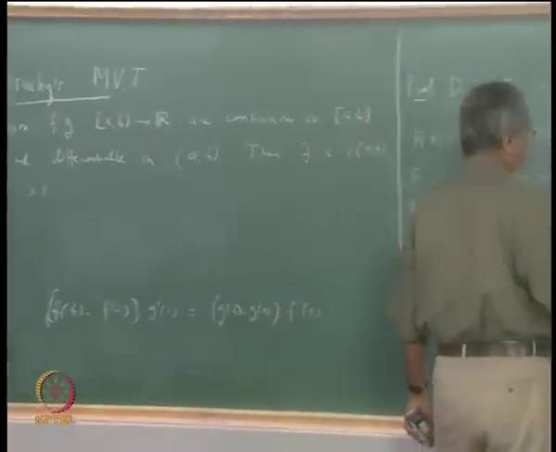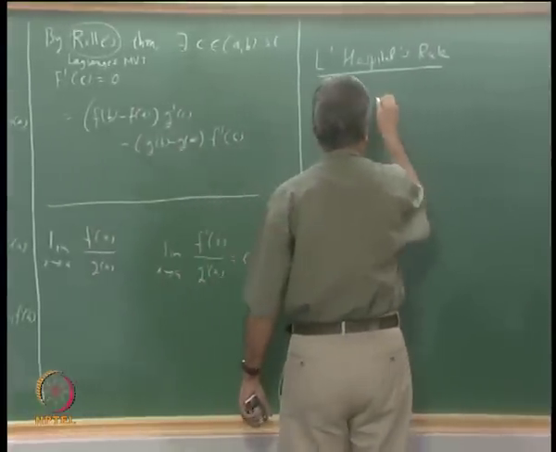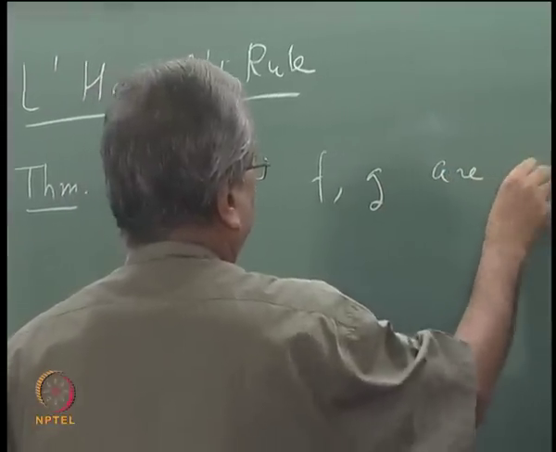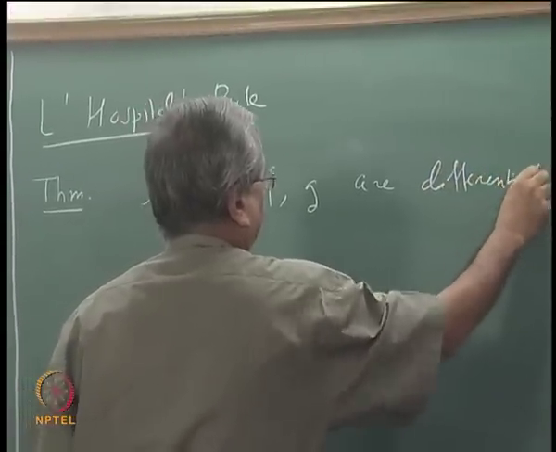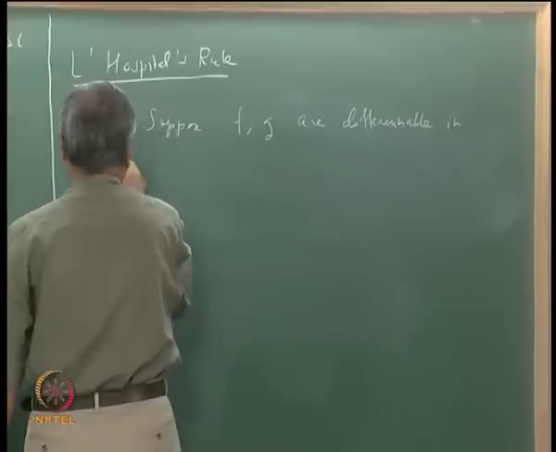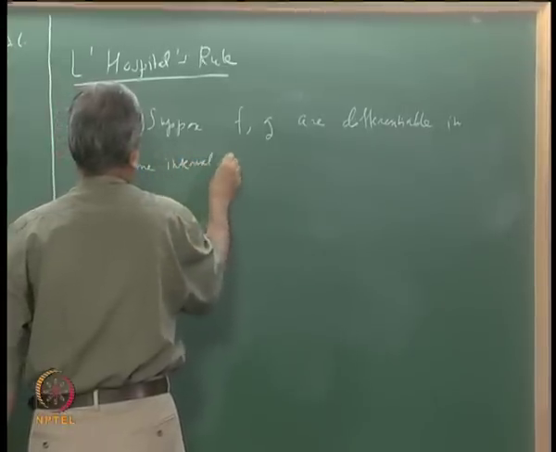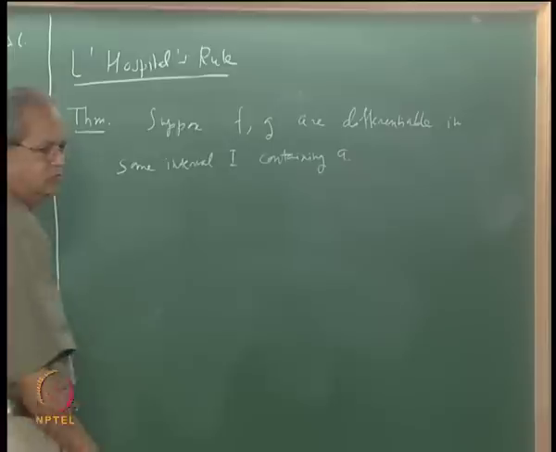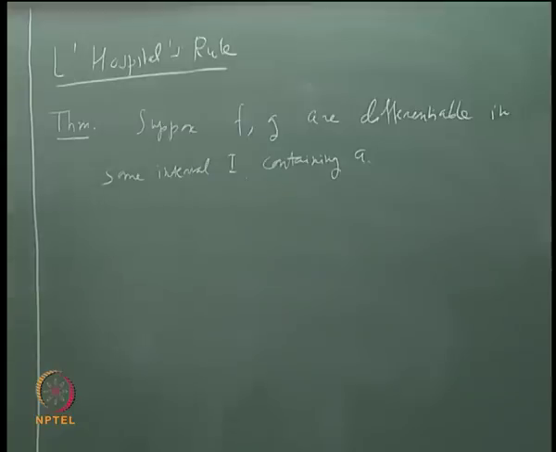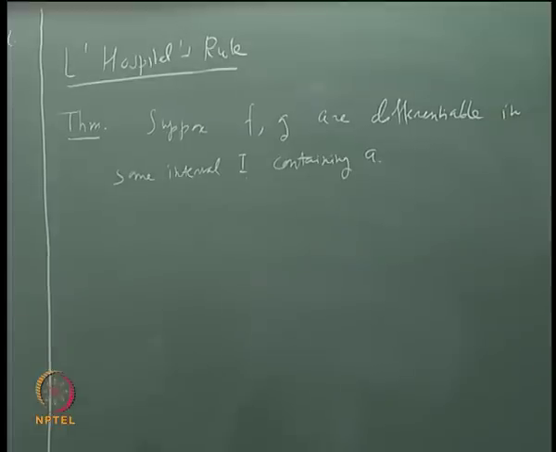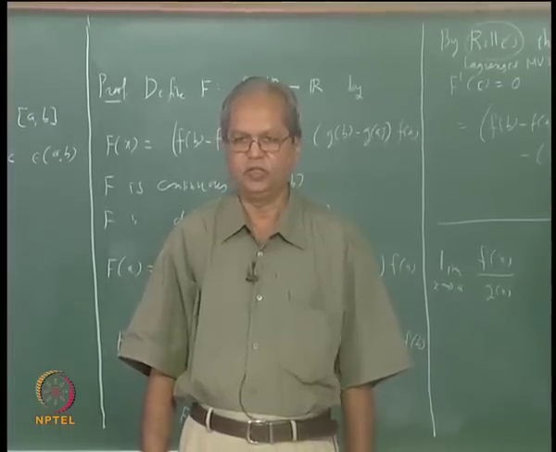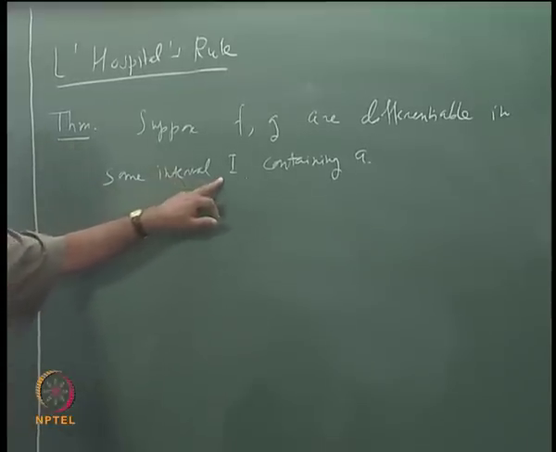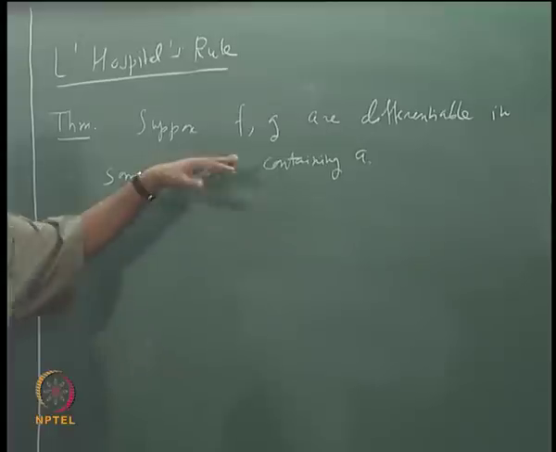So let us say suppose f and g are differentiable in some interval I containing A. Strictly speaking, when we talk of limits, the function need not be defined at that point A, still we can talk of limit of f(x) as x goes to A. So one could have said that it is differentiable in some interval I containing A, except perhaps at the point A. But we will not go into that kind of finer points right now.